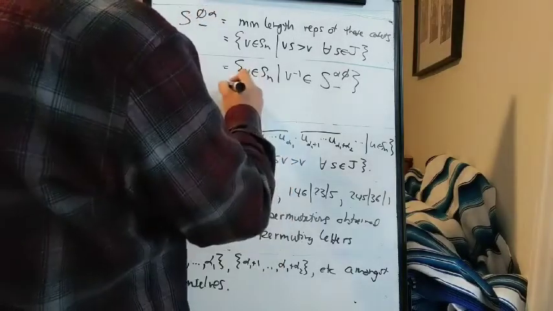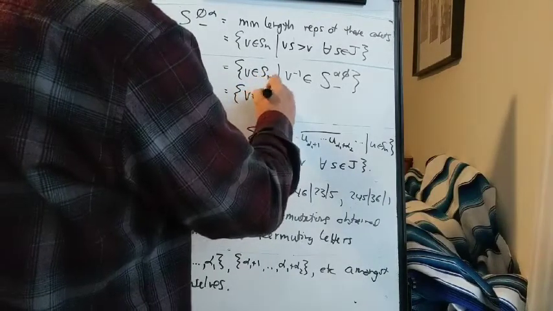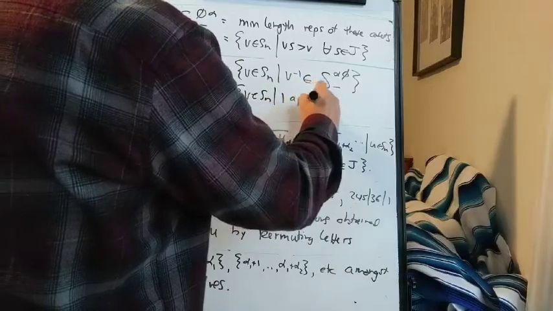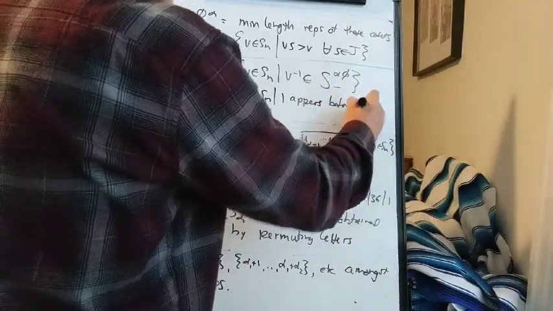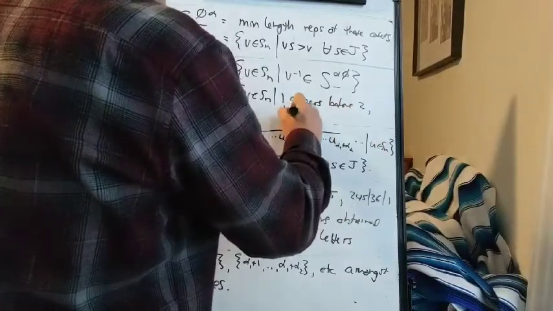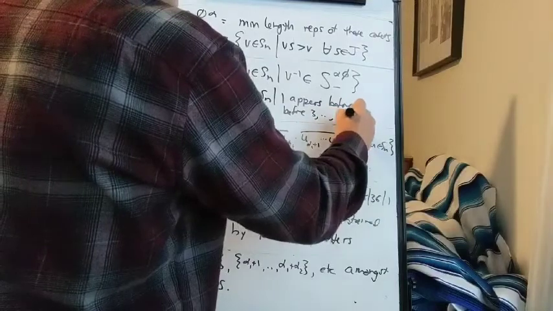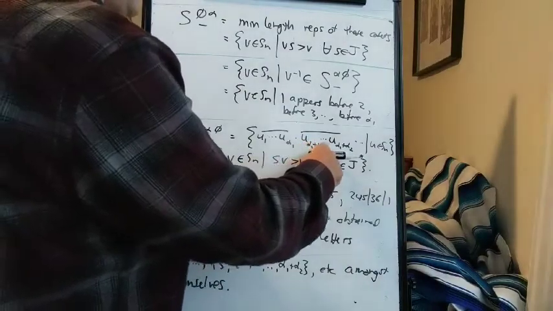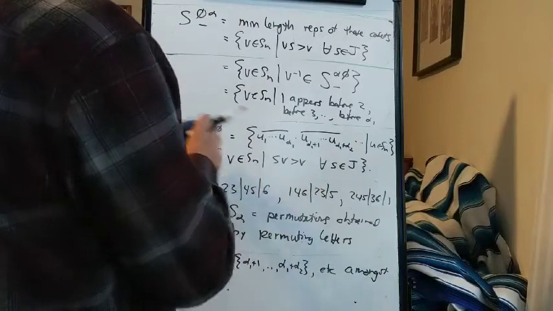And we can also say this is all the elements V in Sn such that 1 appears before 2, which appears before 3, which appears before alpha 1, and then alpha 1 plus 1 appears before alpha 1 plus 2, etc., which appears before alpha 1 plus alpha 2.